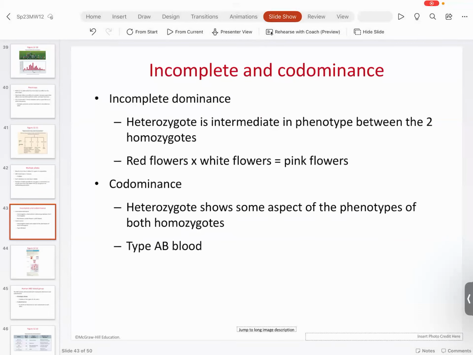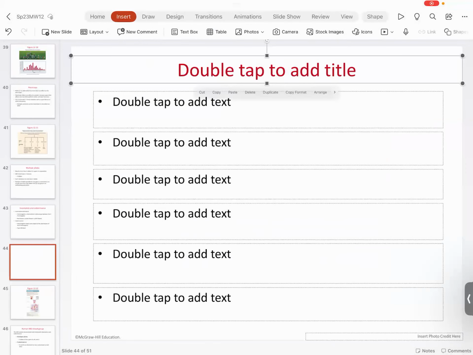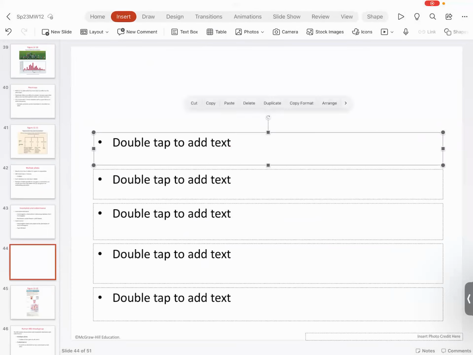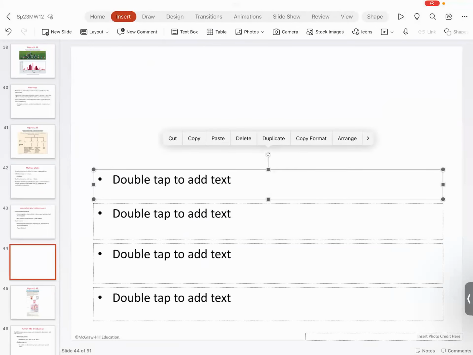I want to get started on a list of some of the extensions to Mendel. So these are the things that we discovered after Mendel.